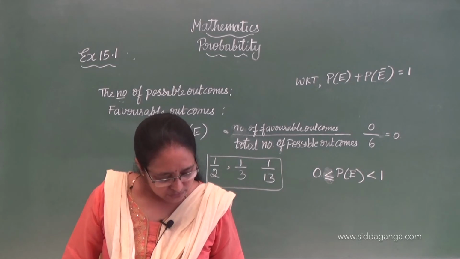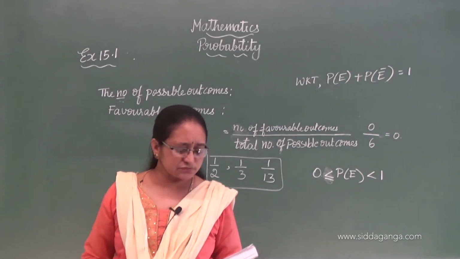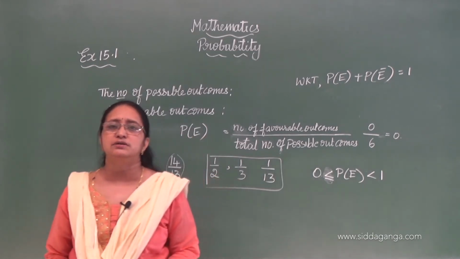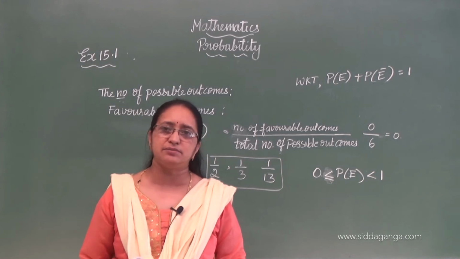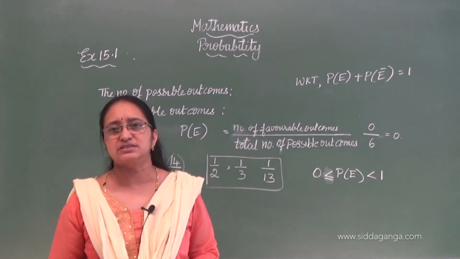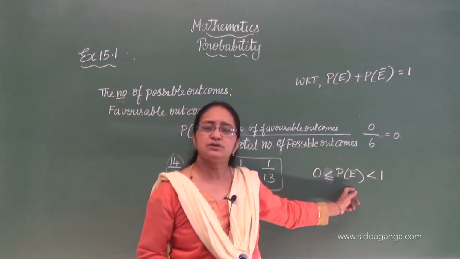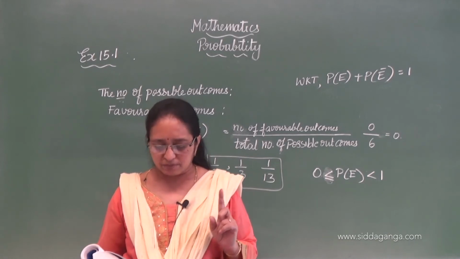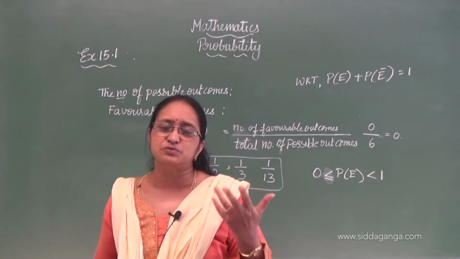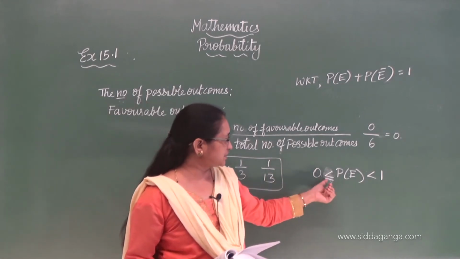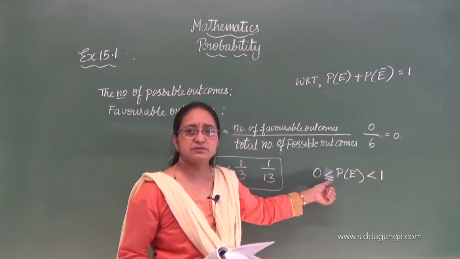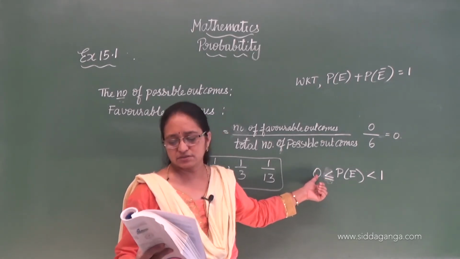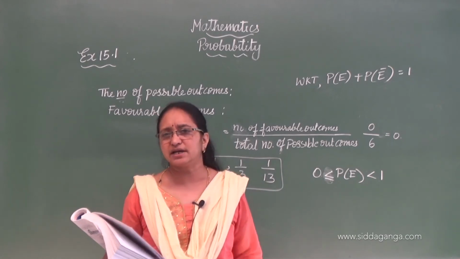Then the fourth one: which of the following cannot be the probability of an event? So, which of the following are not probabilities? 2 by 3 is definitely less than 1, so it is possible. Minus 1.5: P of E should be greater than or equal to 0, but minus 1.5 is less than 0.